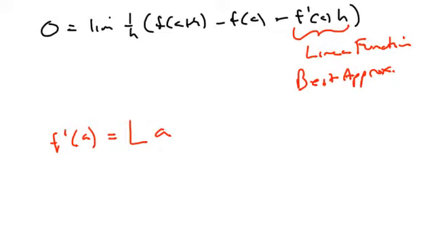Now, this is cool because if f is a function of one variable from R to R, then a is just a scalar, and L is just a one-by-one matrix. In other words, L is equal to m, the slope of the tangent line.